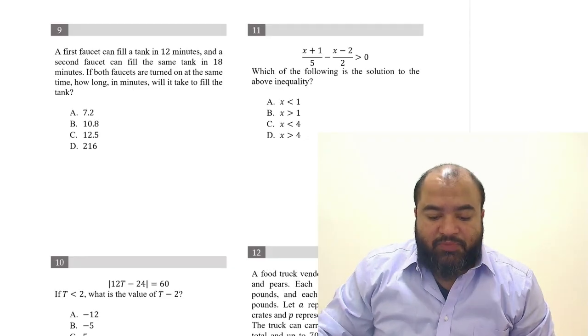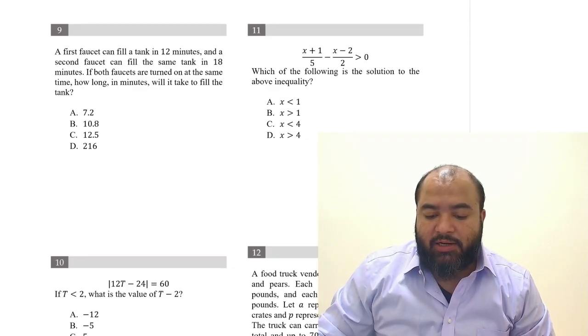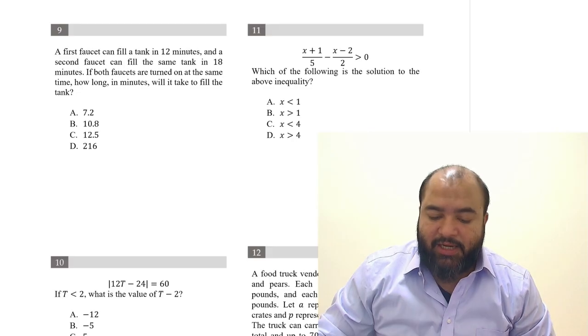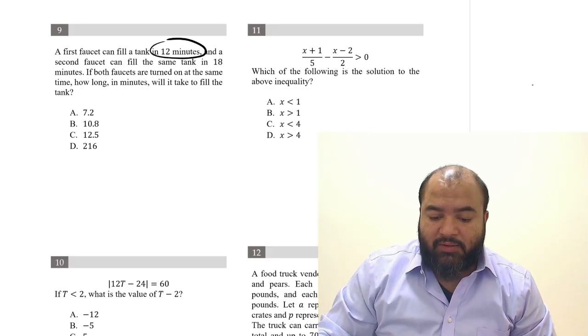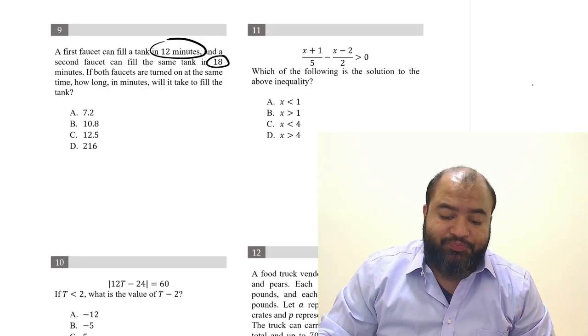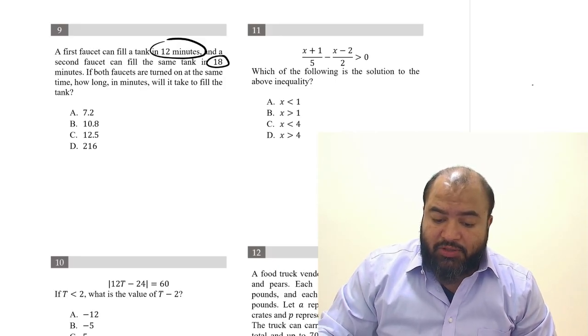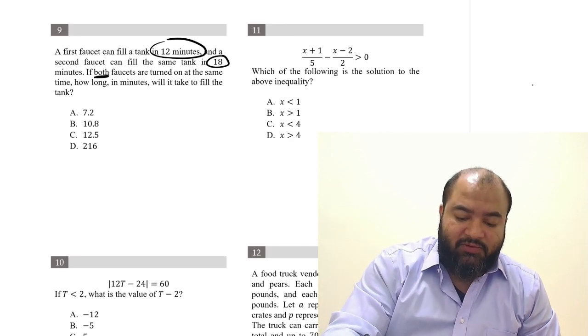Number 9, it says a first faucet can fill a tank in 12 minutes and the second one can fill the same tank in 18 minutes. So this is the rate for the first faucet, and then 18 minutes is for the second one. Second one is a bit slower. Now if both faucets work, for these kinds of questions there's a formula.